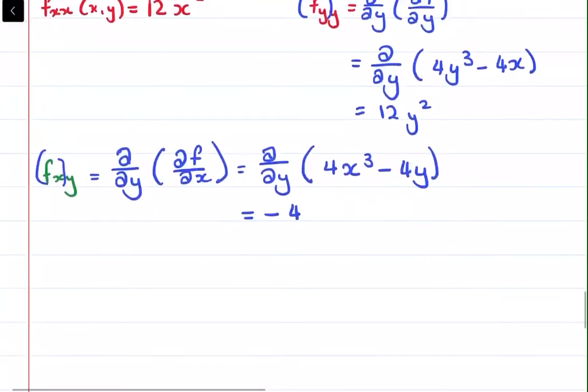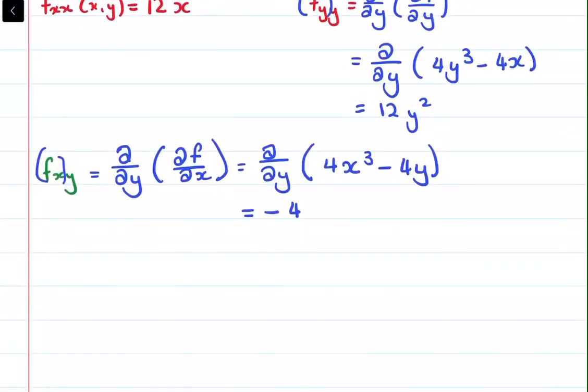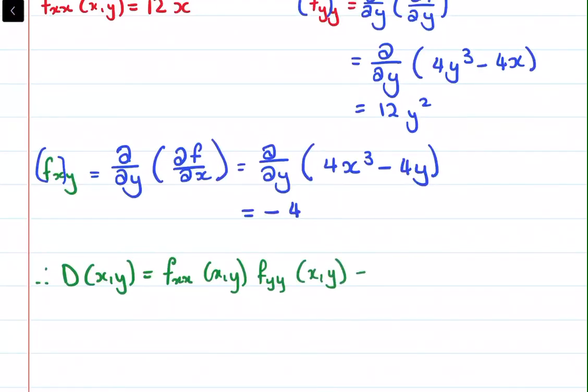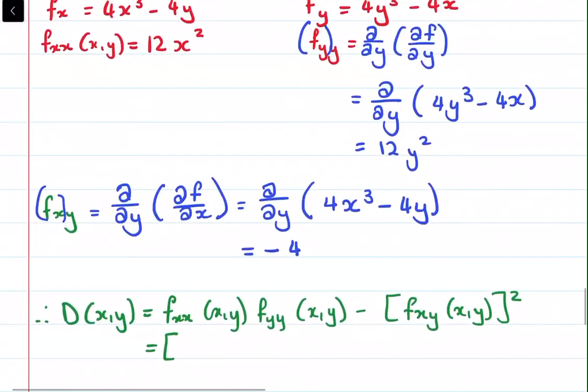So now what does this mean in terms of our equation, or in terms of the second derivative test? So therefore, we have that D(x, y). I'm not going to use a and b. It's x, y because those are the values that we have. It's at (x, y) instead of (a, b). fxx times fyy at (x, y) minus fxy, all of it squared. Now, the second derivative with respect to x is 12x squared.